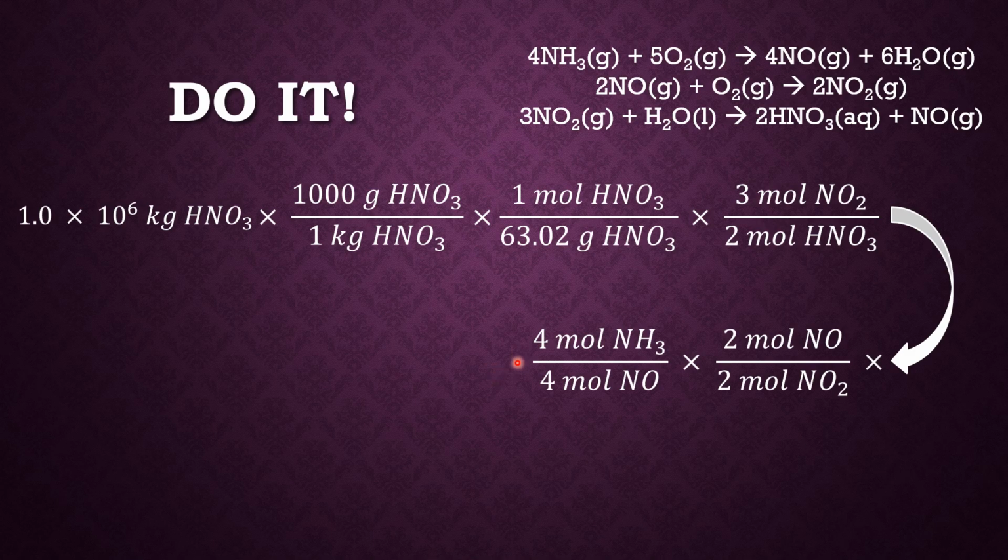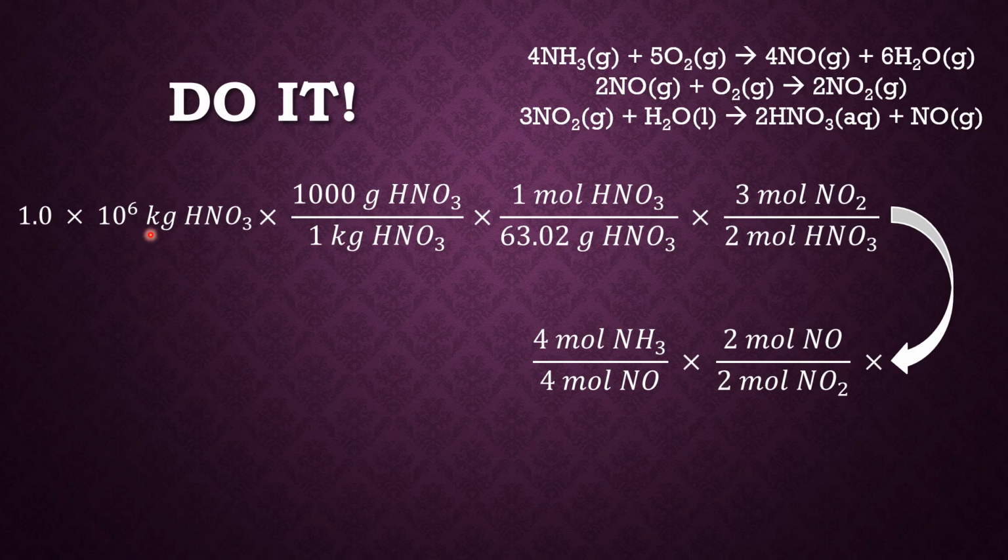So 4 moles of ammonia is needed to produce 4 moles of nitrogen monoxide. Now they asked us for a mass, so this is the amount of moles of ammonia it takes to produce 1.0 times 10 to the 6 kilograms of hydrogen nitrate. We don't need it in moles, though. We need it in a mass.